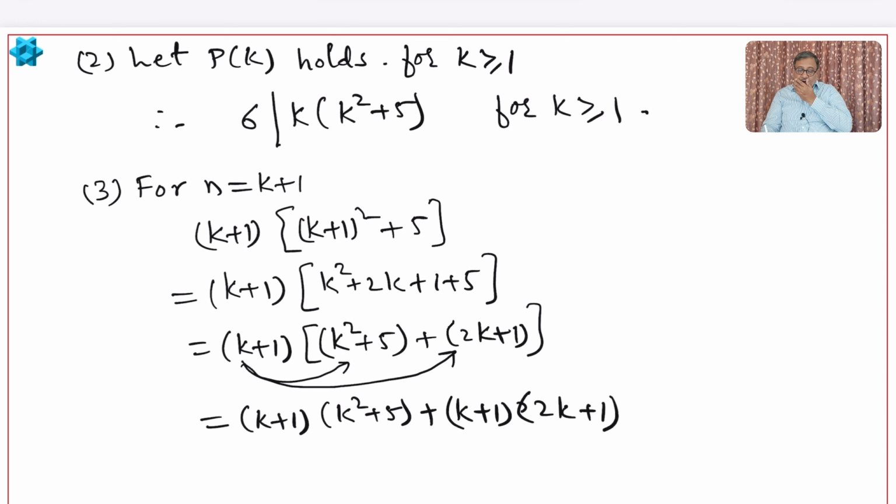Now what can I do? k into (k² + 5), I am writing it with this, right? And I am separating the other part.